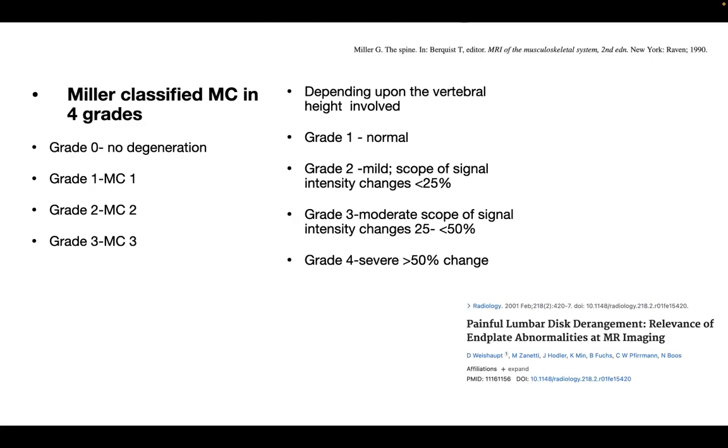Vishapto et al. also classified the Modic changes depending upon the vertebral height involved: grade 1 as normal, grade 2 as mild, where the scope of signal intensity change is less than 25%. Grade 3 is moderate, where the scope of signal intensity change is 25 to less than 50%. And grade 4 is severe, where the scope of signal intensity change is more than 50%.